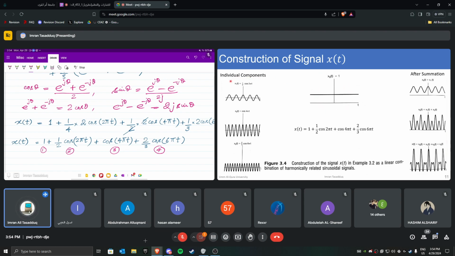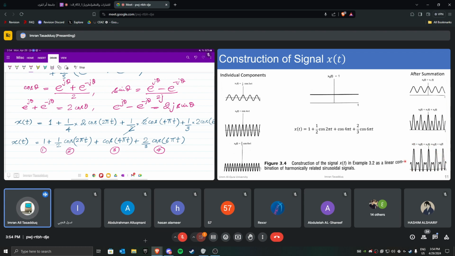This one is the signal with frequency of 2 pi, and amplitude is half. This is cosine 4 pi t, with a frequency of 4 pi and a height of 1. And this is the third one with a frequency of 6 pi and the height is 2 by 3. When you add all these four, you get this. This is your signal, x of t.